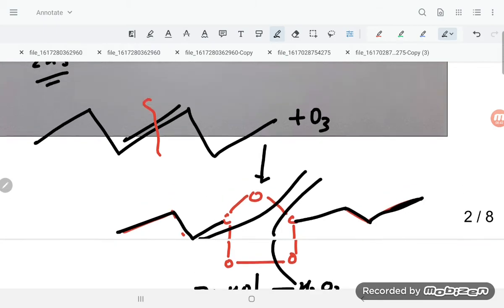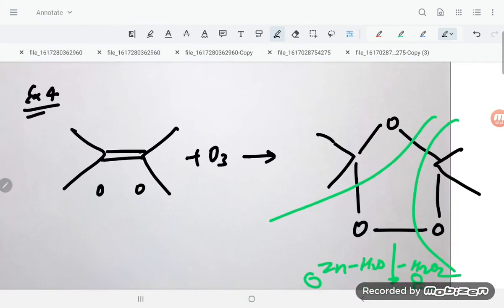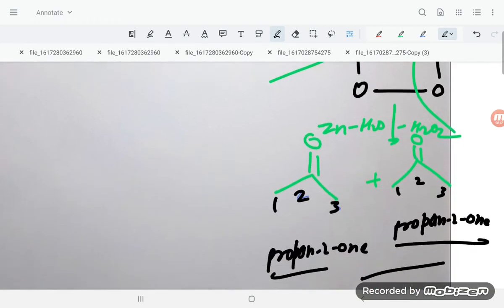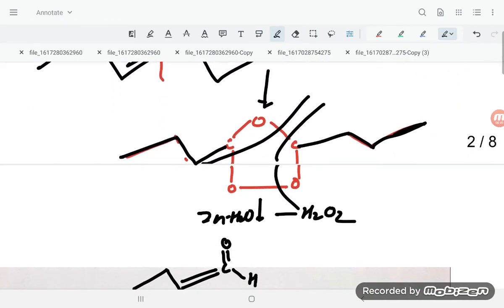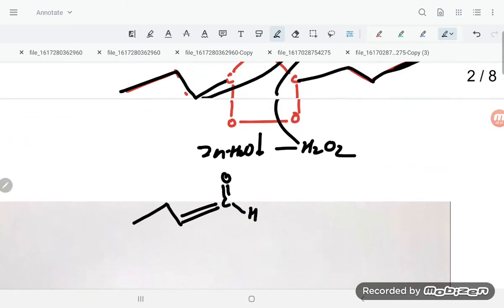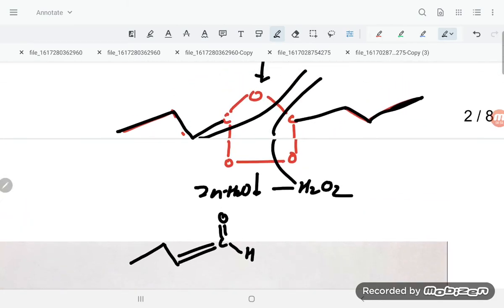So dear students, the compound is being formed like this. Whatever compounds are there, in the same way it is getting formed. So this is one molecule, and if you are talking about another molecule, student, this is coming here, and here C is there, and CO, and here will be hydrogen.